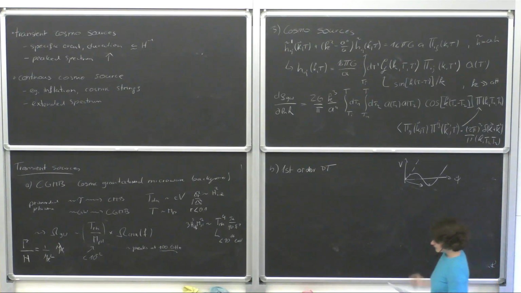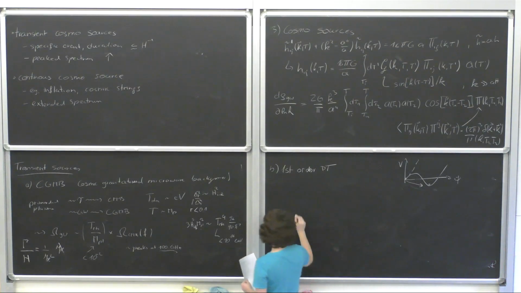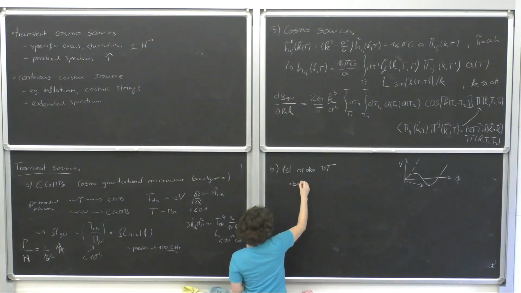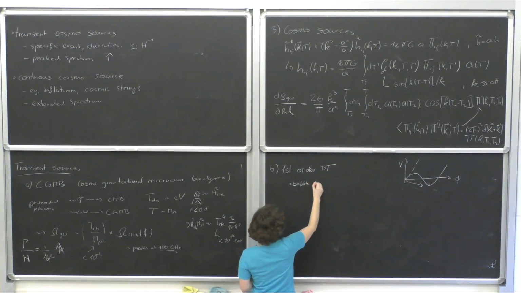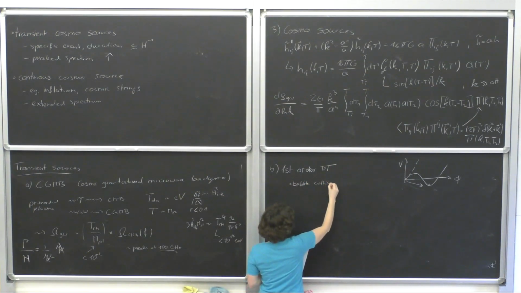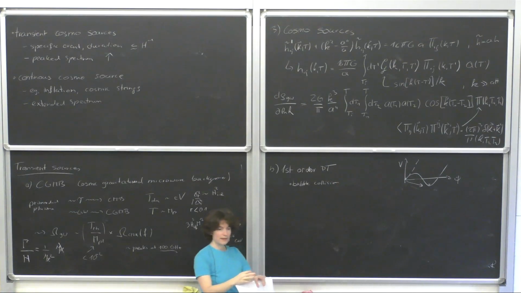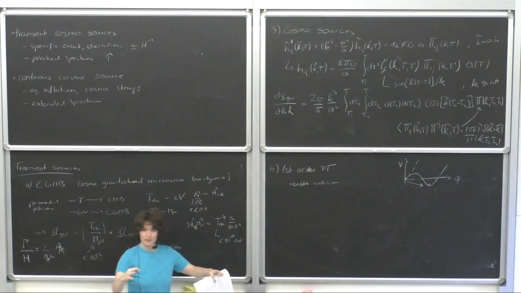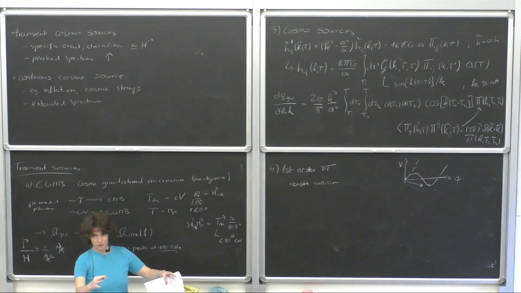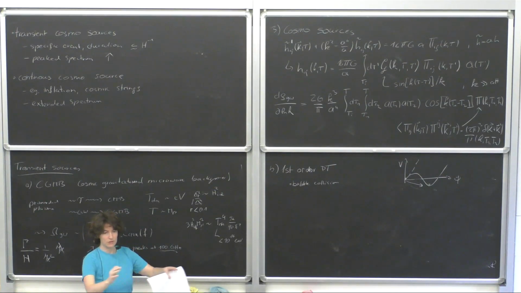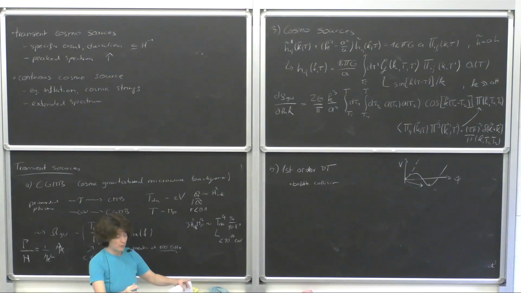How does it give us a signal? There are different ways. Maybe the most obvious is bubble collision. If I form a single bubble, and then that bubble of the true vacuum expands, that's not going to give me gravitational waves, because that is a circularly symmetric situation. It will have no quadrupole moment.